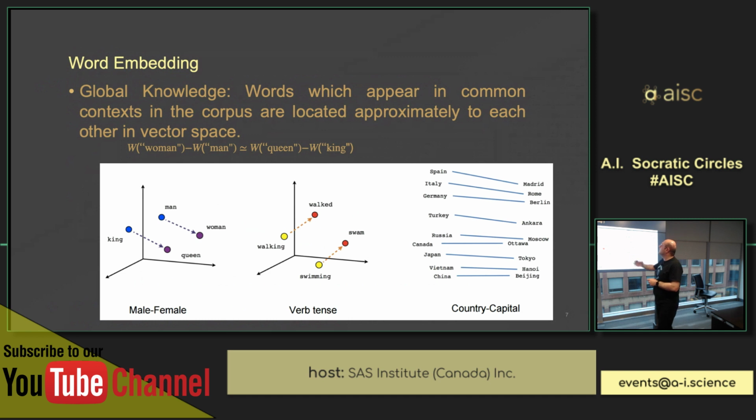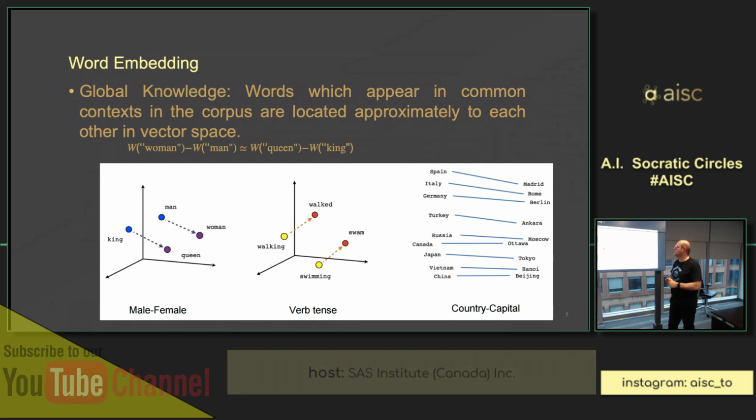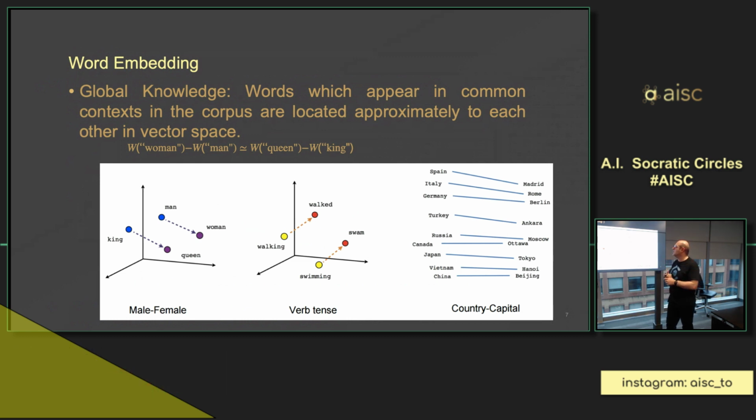The words which appear in common contexts in the corpus are located close to each other in the vector space. Here you can see that the relationship between man and woman is similar to king and queen in that multidimensional vector space, or between verb tenses, or the relationship between the name of a country and its capital.